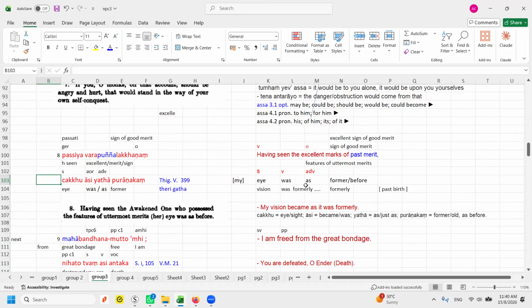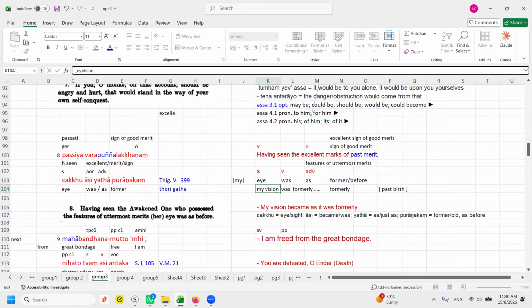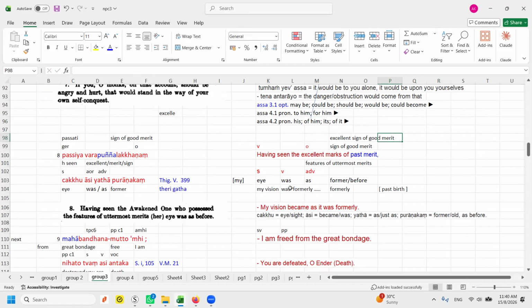So let me say my vision, I put here my vision. My vision was formerly, so formerly something something something. That means in this case it is indicative of the past life, on what she has done. This is the noun, she has done.